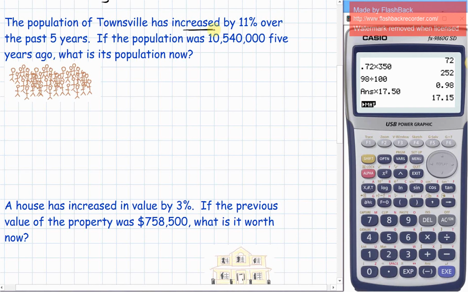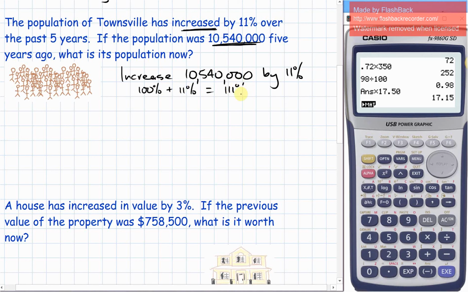Okay, so it's increased by 11%. So we're increasing this number by 11%. So if I just write that down, increase. Okay, so I am finding 100% plus 11%. That will give me 111%. So I'm finding 111% of 10,540,000.